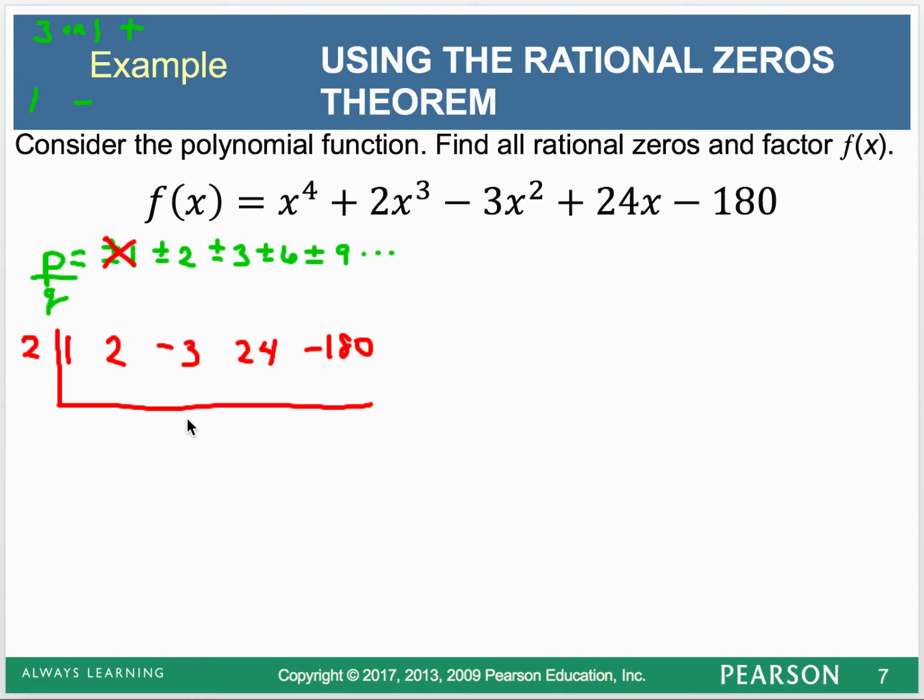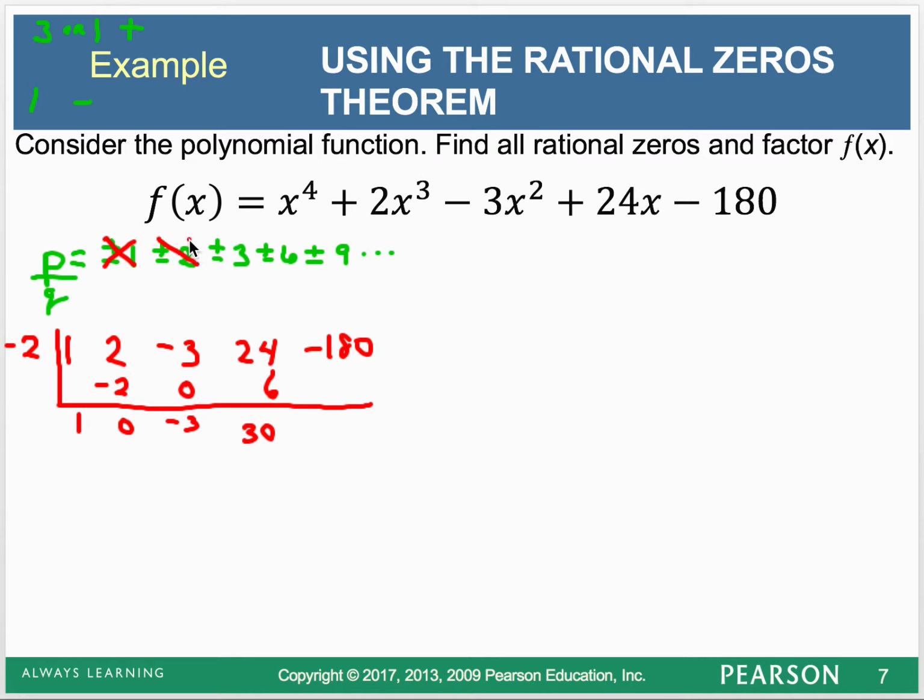So let's try negative 2. Negative 2 times 1 is negative 2. Negative 2 times 0. Negative 2 times negative 3 is 6. Negative 2 times 30, negative 60.